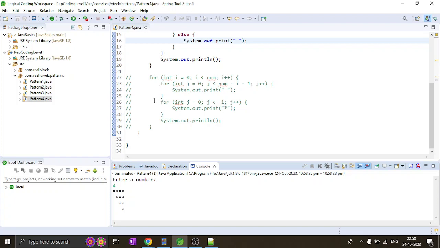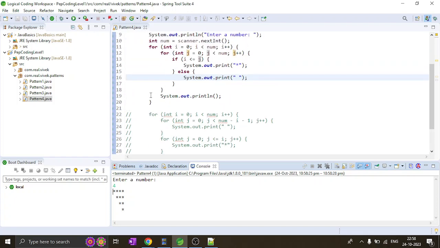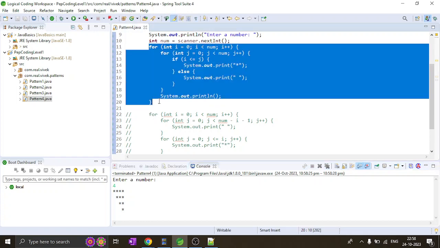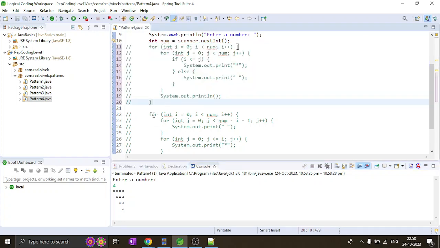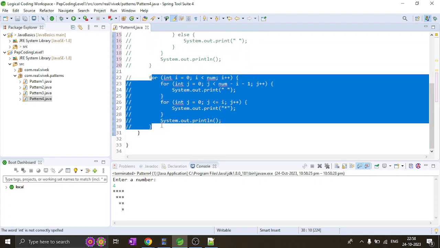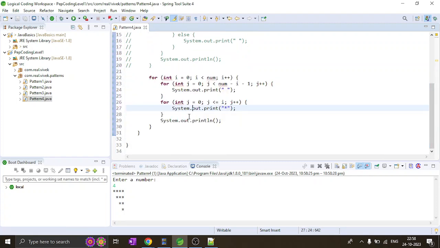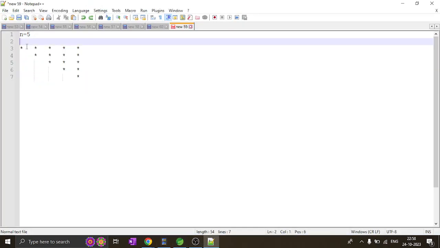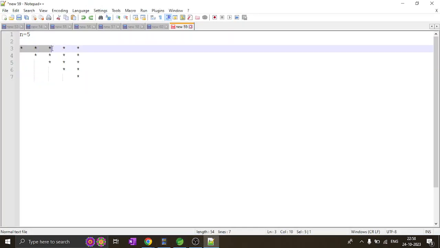Now let's try to solve it using the condition only approach. We have to see the pattern and we have to find a condition. So how will we do it? What we can see is that when I is equals to 0, then we print 5 stars.